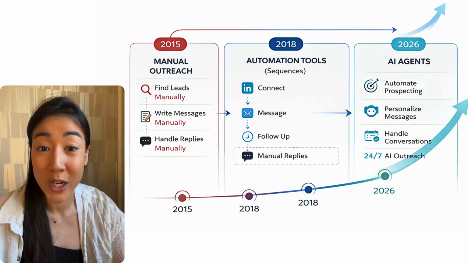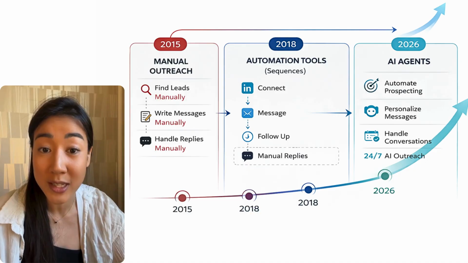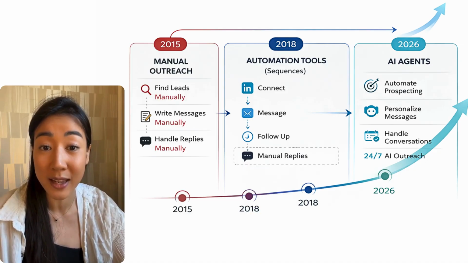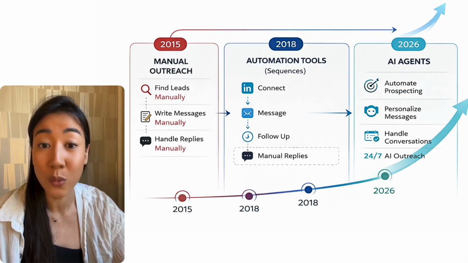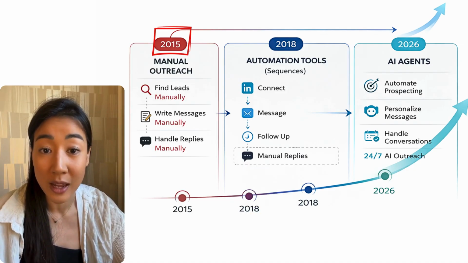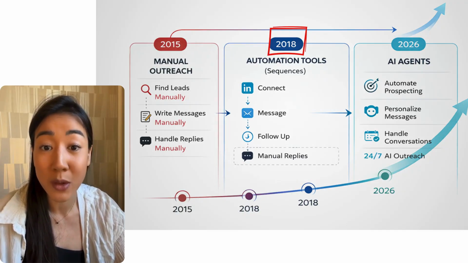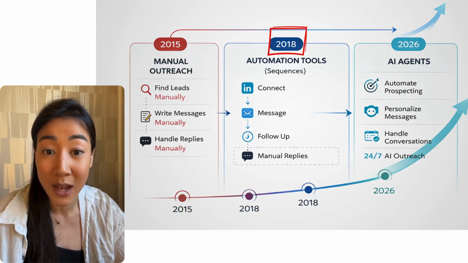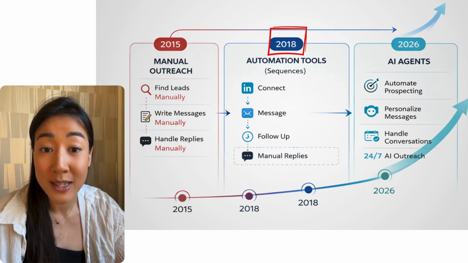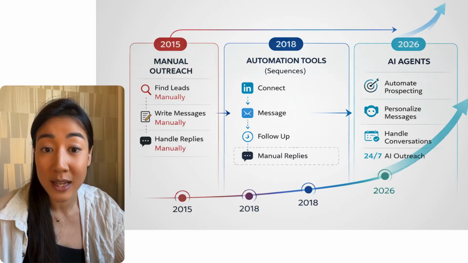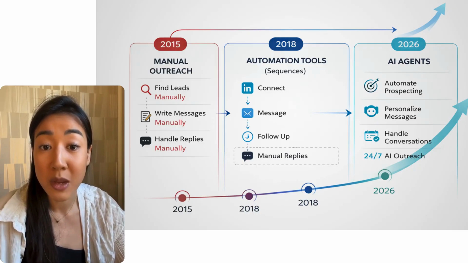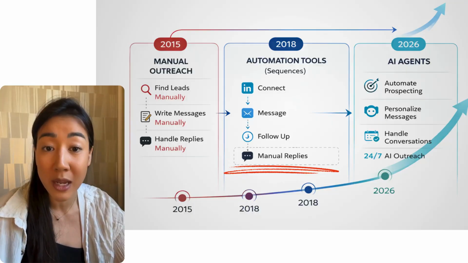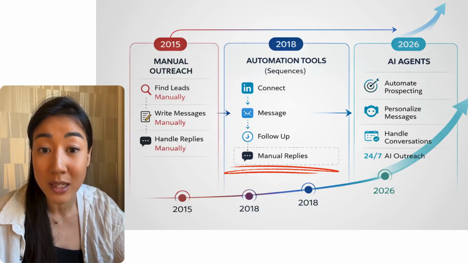So I just really quickly want to talk about the evolution of the LinkedIn outreach tools so that you understand why we decided to build ScaliQ. Back in 2015, we needed to do everything manually. And the problem here was the scaling part. Out of that problem, the automation tools were born, because now we could scale automating sending and automating sequences. But the problem here was still when someone replied, the automation stopped and we needed to go back to manual sales and handle the replies manually.